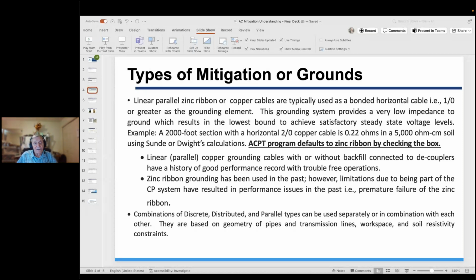As I stated, zinc ribbon was originally used 30-some years ago, or even earlier, for AC mitigation. However, it didn't have decouplers because we didn't have them that far back. The ones that came out way back then were the potassium chloride ones, and they had plates in them.